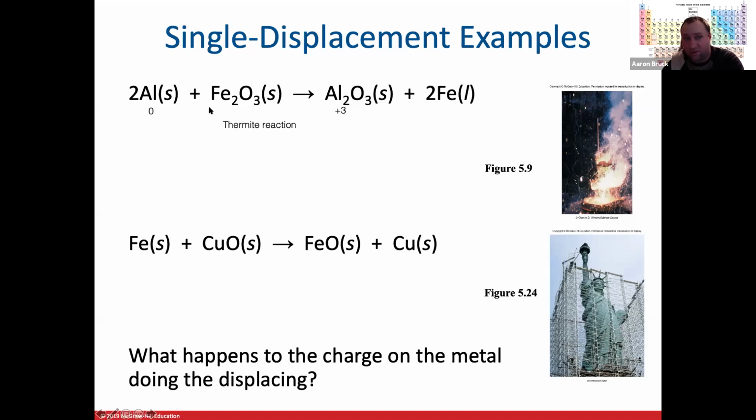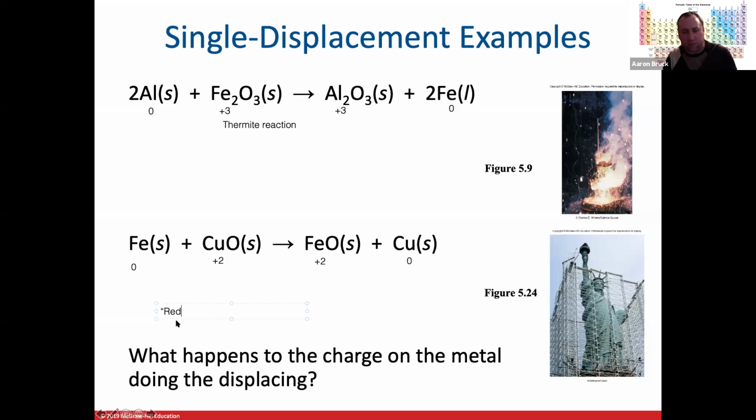And in a contrasting nature, the iron went from a +3 state to no charge as a product. The iron in this reaction had no charge initially. It now has a +2 charge. The copper here had a +2 charge. It now goes to a 0 charge.